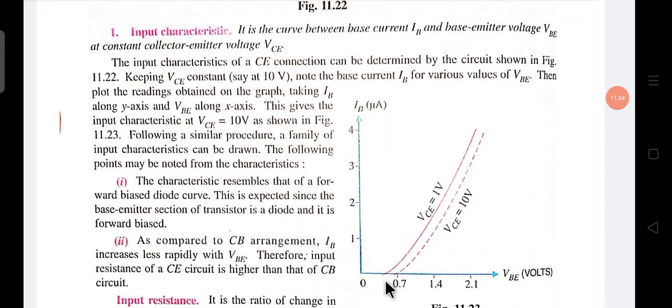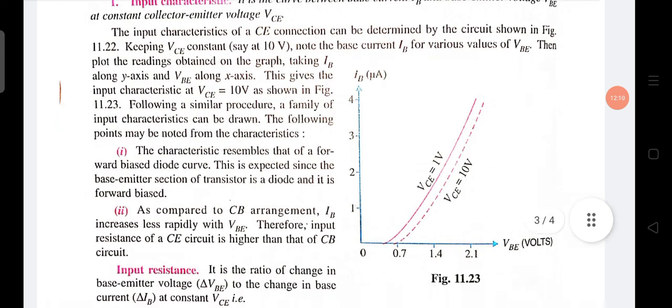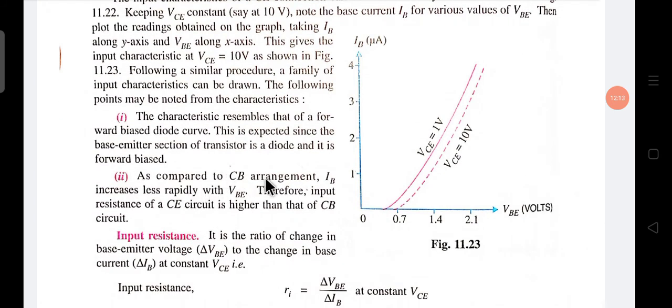This is the input characteristic of common emitter. Remember this. The characteristic resembles that of a forward bias diode curve, because the base emitter section of the transistor is a diode and it is forward biased. Compared to a common base arrangement, IB increases less rapidly with VBE.